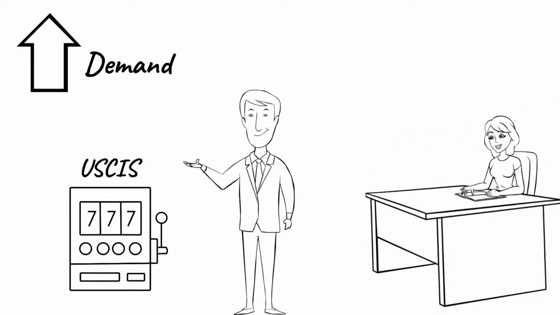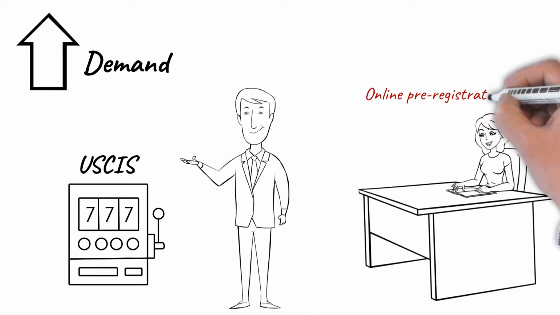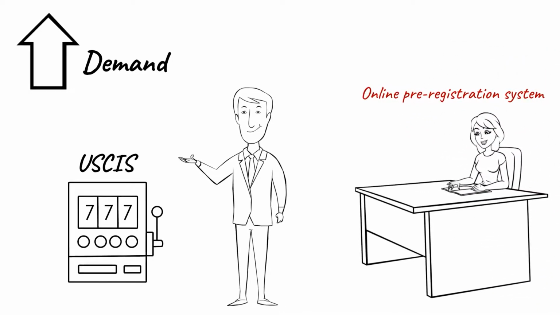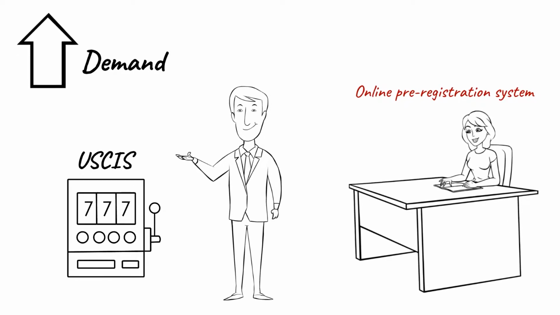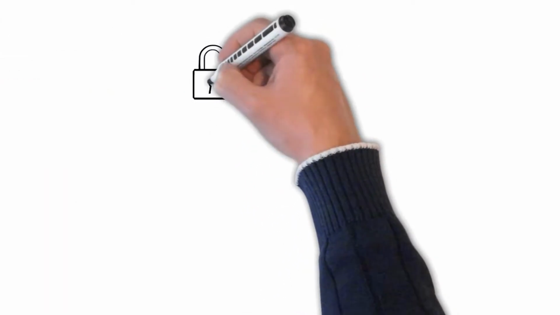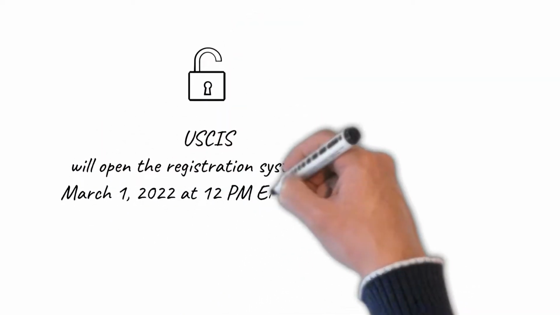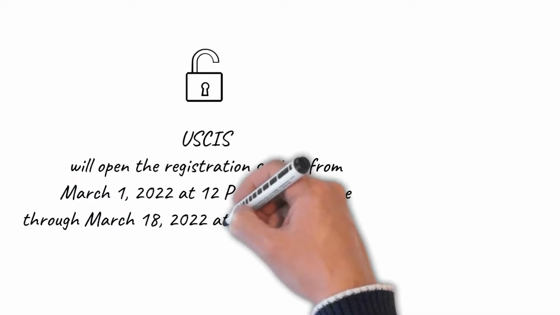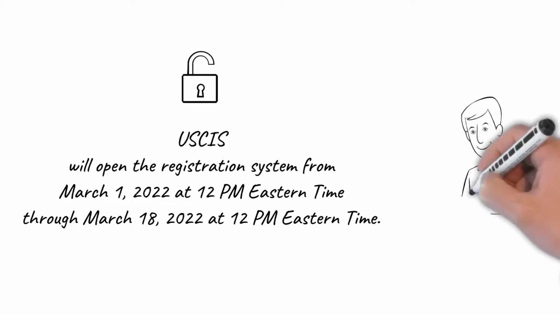As with previous years, there will be a lottery in 2022. The H-1B lottery is run through an online pre-registration system. This system has not changed from last year. USCIS will open the registration system from March 1, 2022 at 12 p.m. Eastern Time through March 18, 2022 at 12 p.m. Eastern Time.